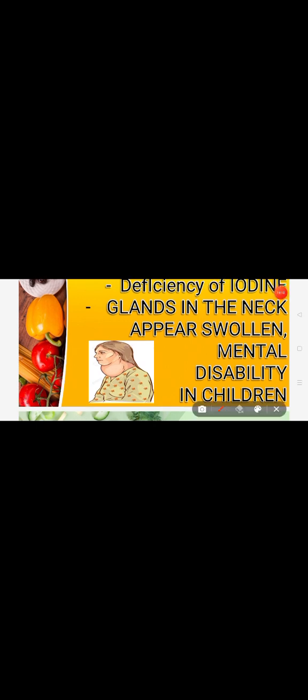You can also see here that this is the goiter. Goiter is in the neck. Next, anemia. Anemia is caused due to deficiency of iron. The symptom for this is weakness. Okay, moving forward.